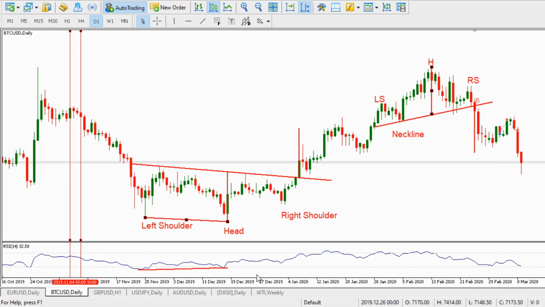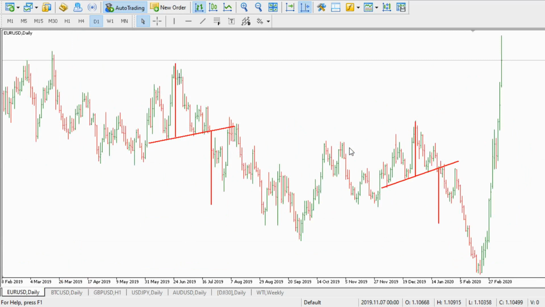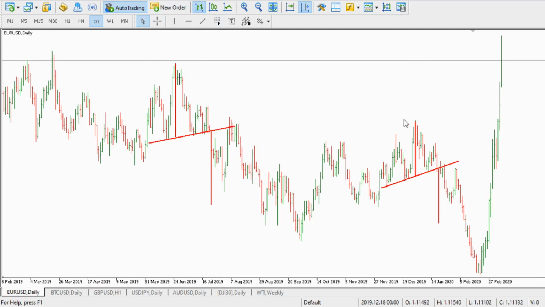Okay, let's have a look at a couple of other examples. Here we've got also euro dollar. We have again two head and shoulders. In this case it is a pretty short uptrend before this figure appears, but we have again this.